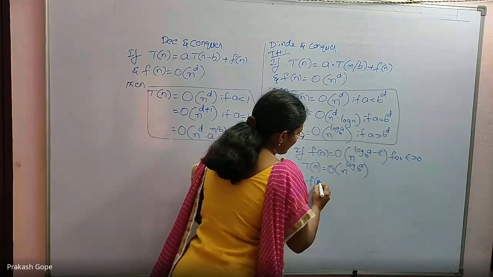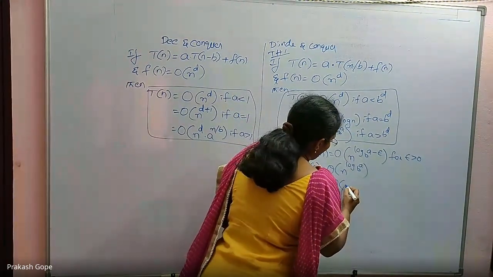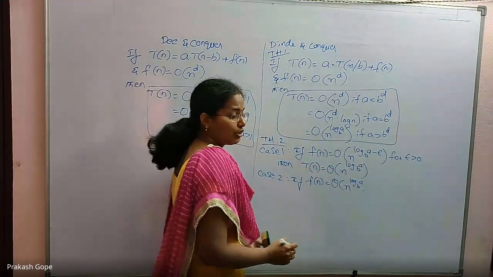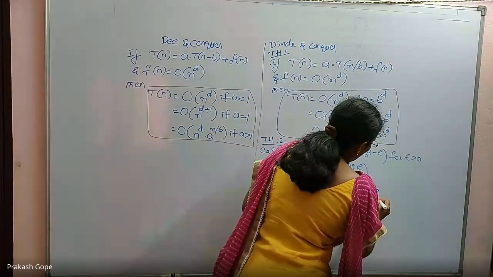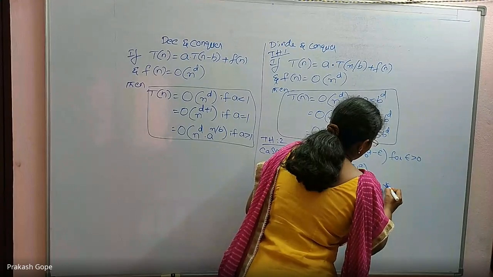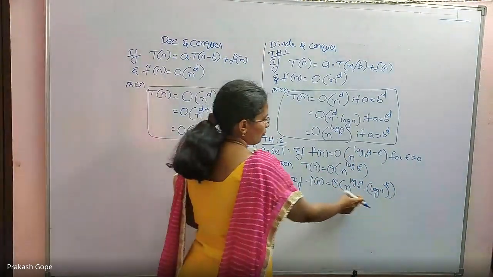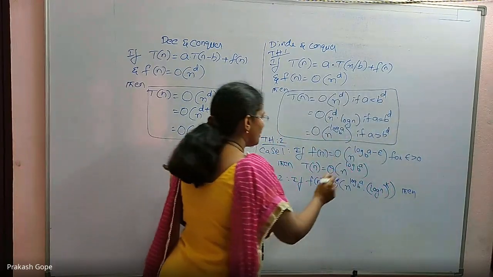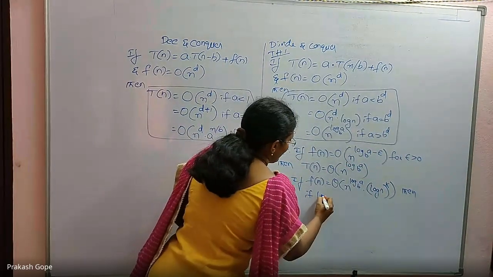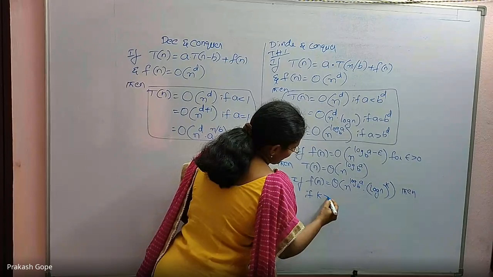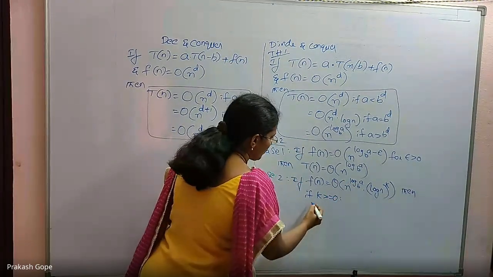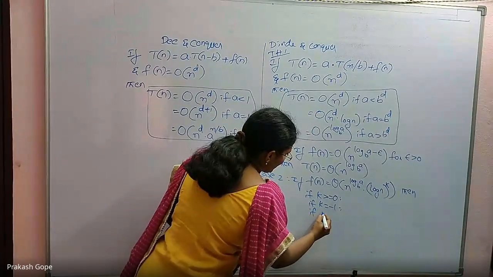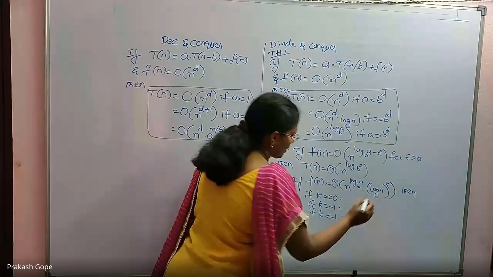Case 2. If f of n is theta of n power log a to the base b into log n whole power k, it is theta. If it is like this, okay, then the answer depends on the k value. If k is greater than or equal to 0, there is one answer. If k equal to minus 1, there is one answer. If k is less than minus 1, there is one answer.